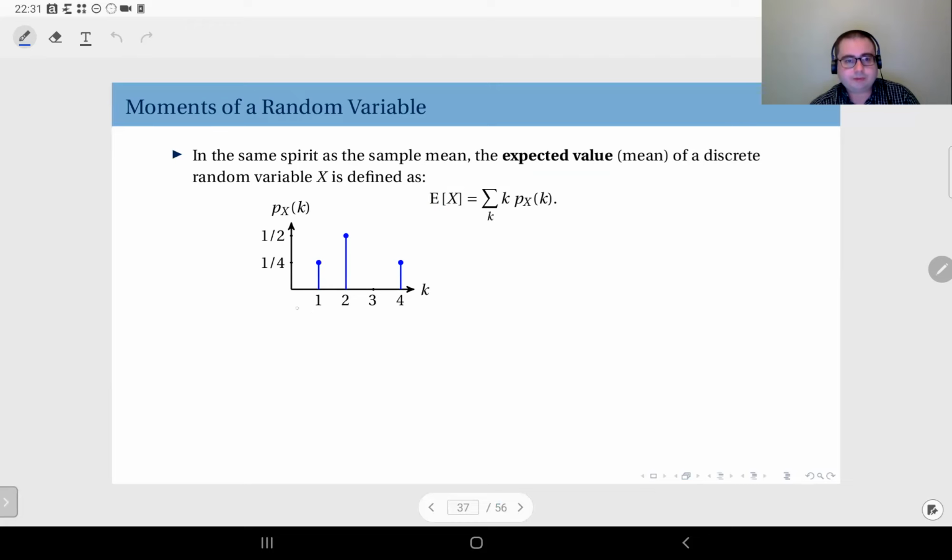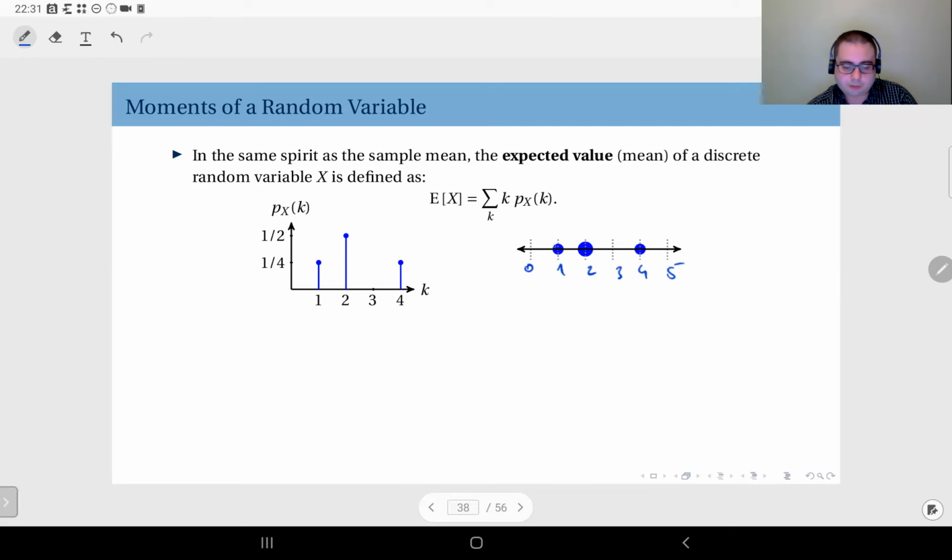Assume random variable x has this PMF, so the outcome of 1 has probability 1 over 4. The outcome 2 has probability 1 over 2. And the outcome 4 has probability 1 over 4. Therefore, you see, this is 0, 1, 2, 3, 4, 5.